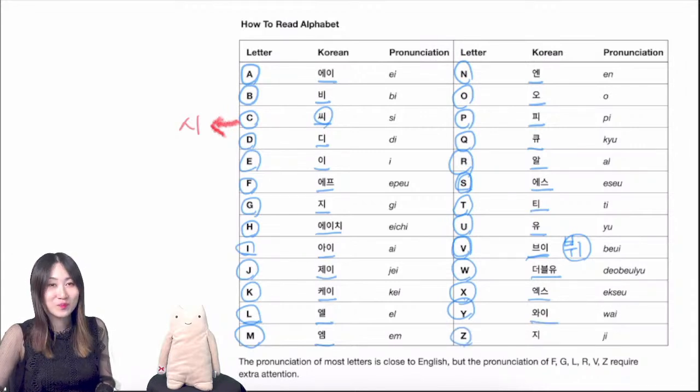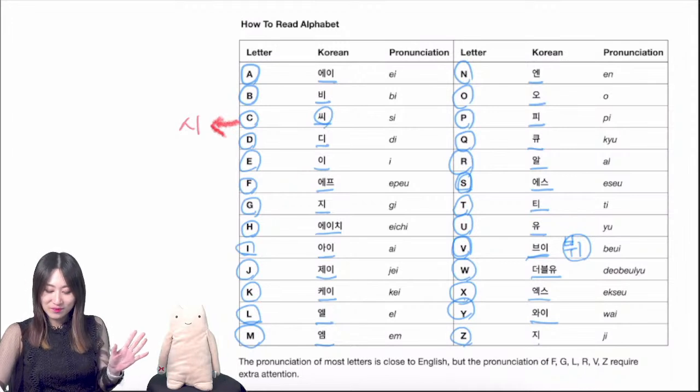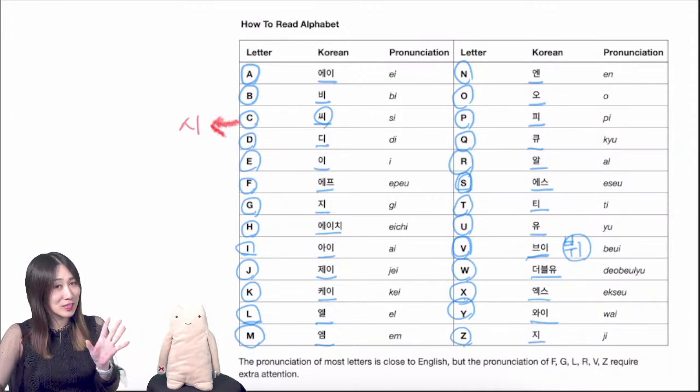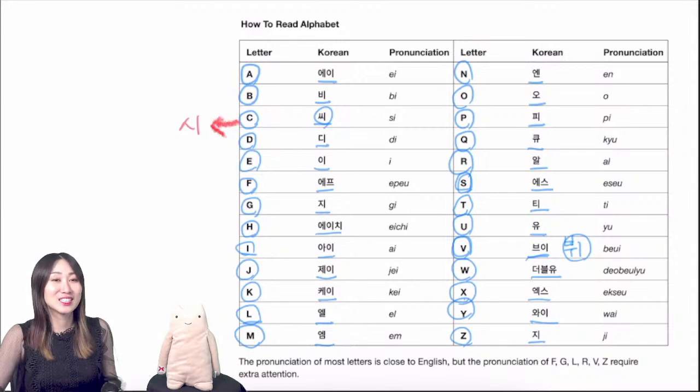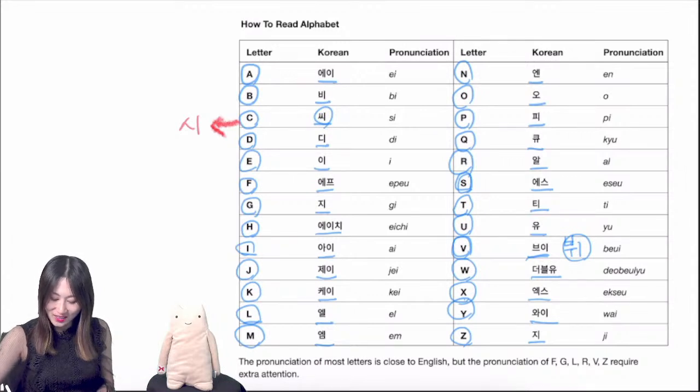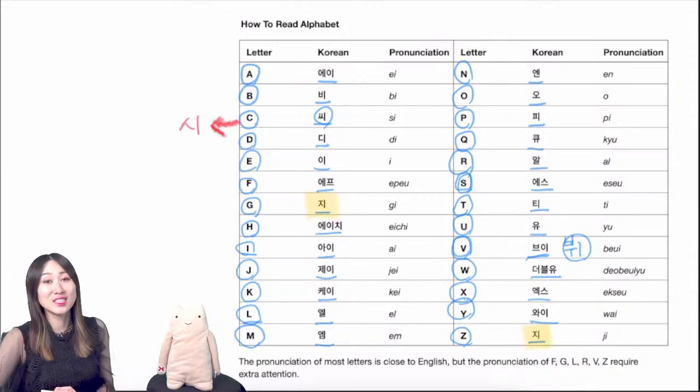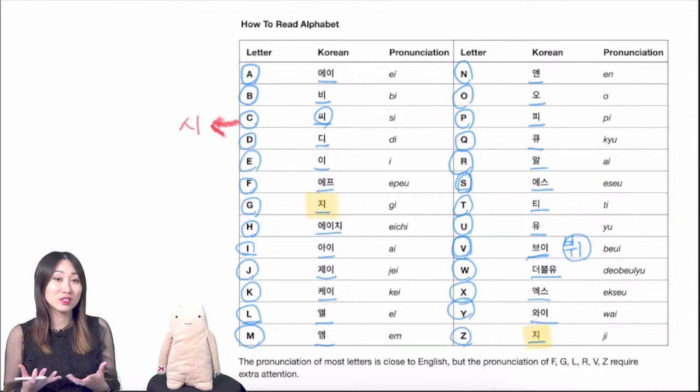And this is tricky. This is read as G by young people these days. But if you say G, it's the same as this, right? So people cannot differentiate these two different alphabets.